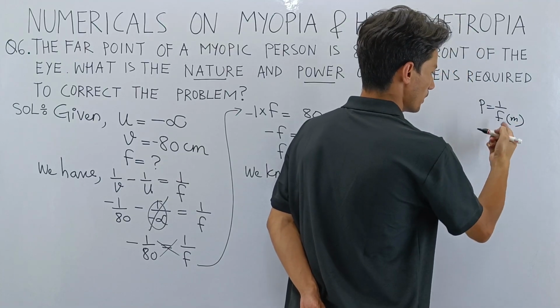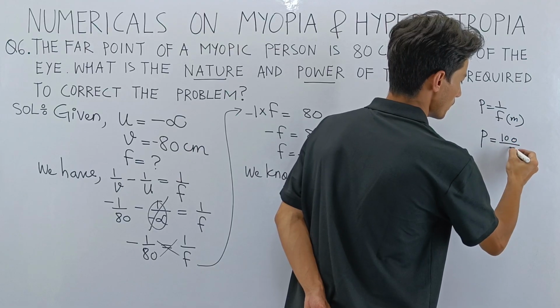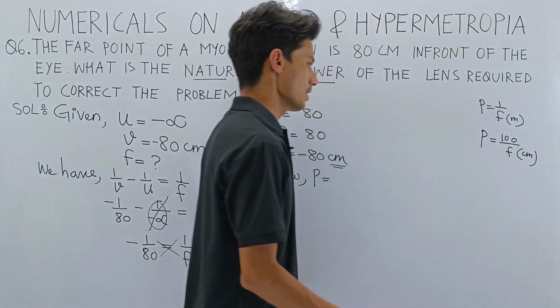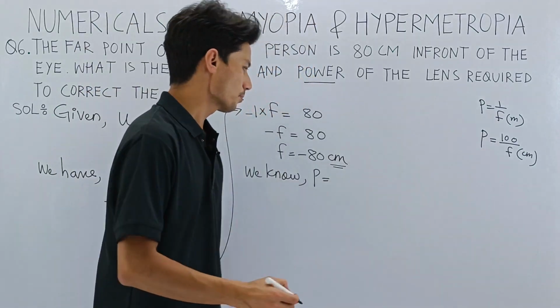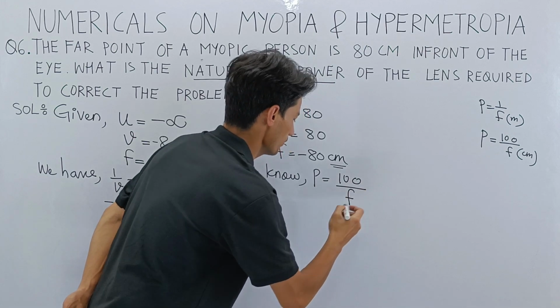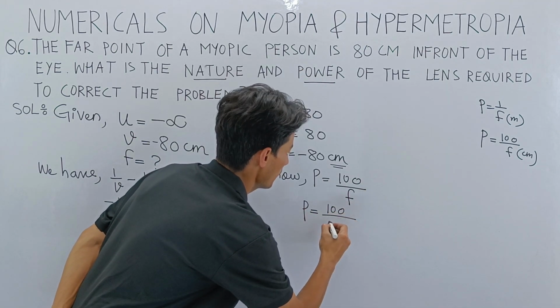If the focal length happens to be in centimeter, then the formula is this, for centimeters. Since the focal length is in centimeter, I will be using this formula. So P is equal to 100 by f. So P is equal to 100 divided by 80.